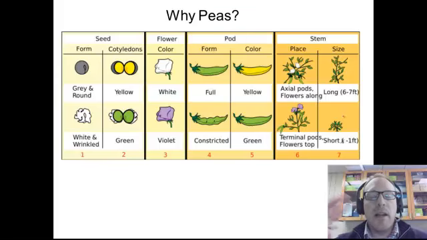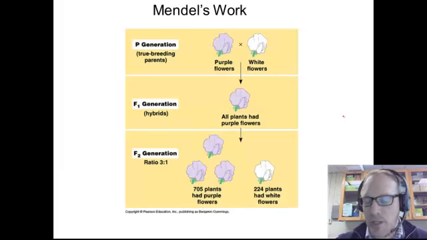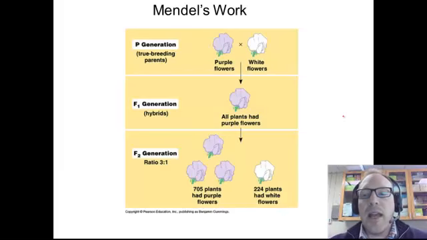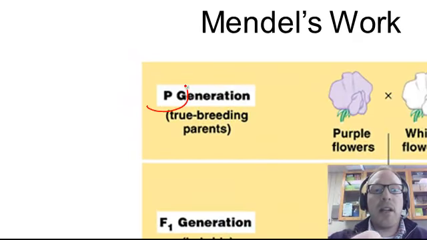So in addition to white and purple flower petal colors, Mendel looked at a host of particular characteristics that had two varying forms, and he did this cross-pollination in all those situations. Now again, what we're talking about here is Mendel cross-pollinating purple flowers with white flowers, okay? And in the next generation, you got all purple flowers. Now, here's a couple things to notice here.